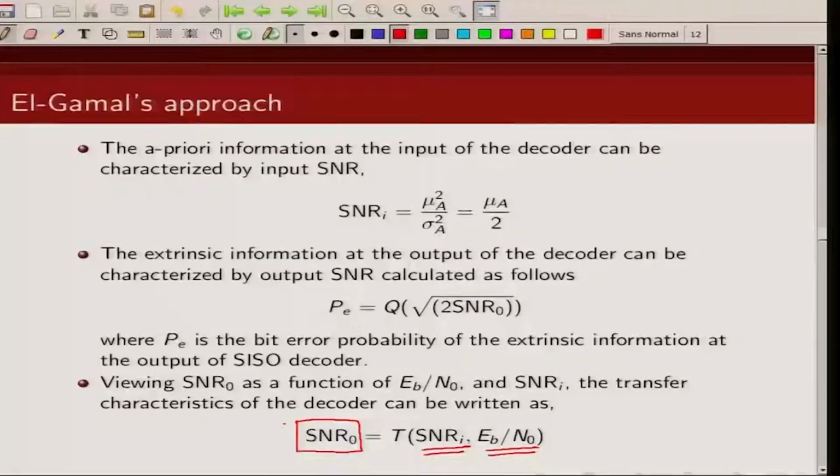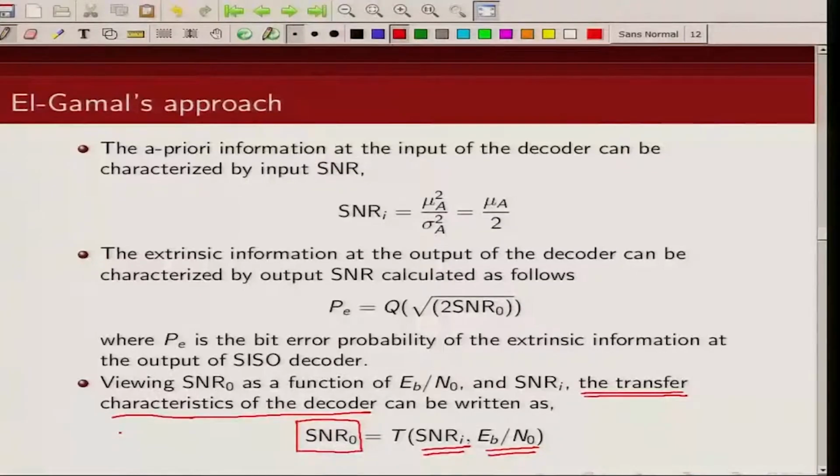So, this is crucial. This is basically what I call the transfer characteristics of the decoder, because my decoder is a function of a priori inputs as well as channel received values. Now, a channel received value is a function of the channel operating SNR, and the a priori information is a function of the a priori input SNR.